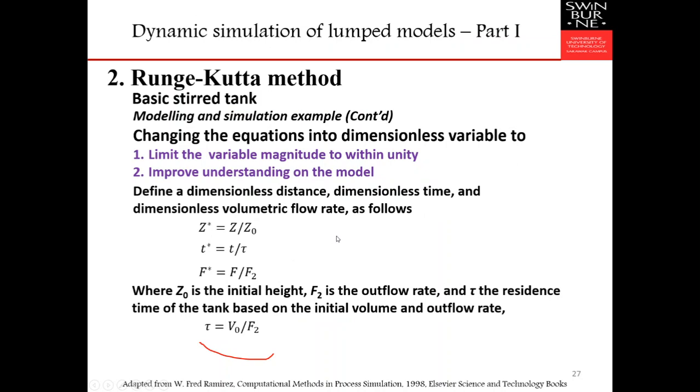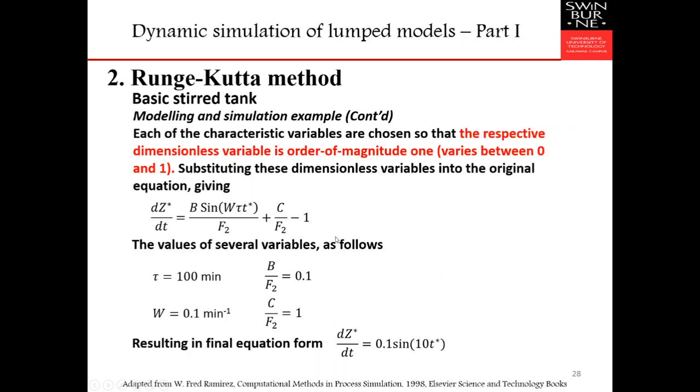So after the simplifications, we get the final dimensionless differential equations, and we also have values of several variables as follows. We have a very simple form of equations like this.